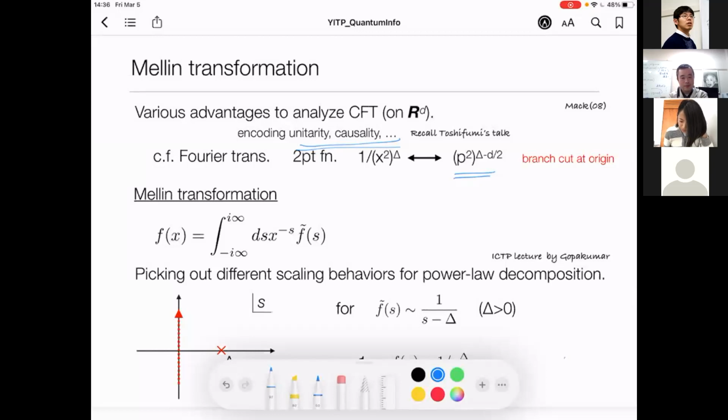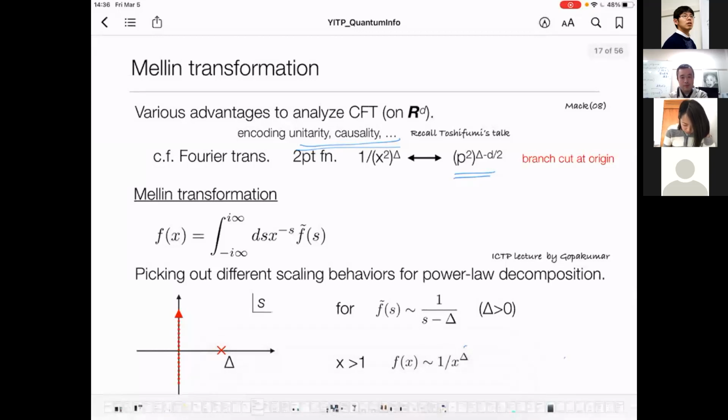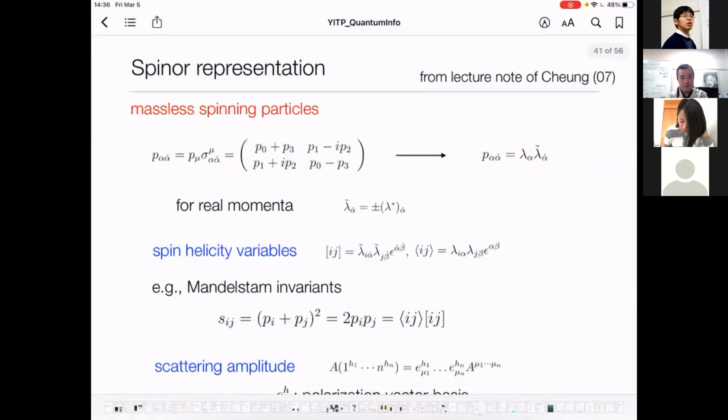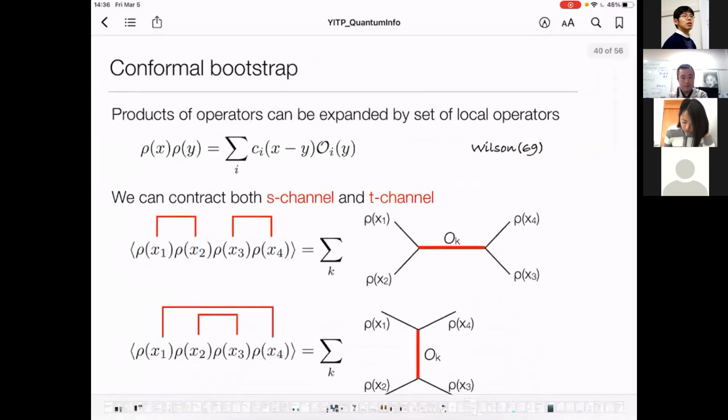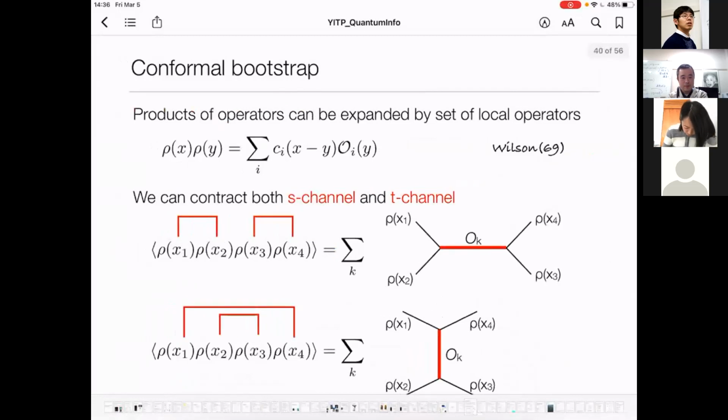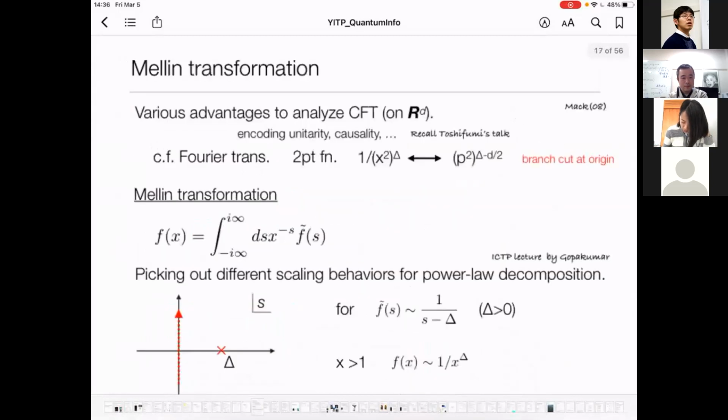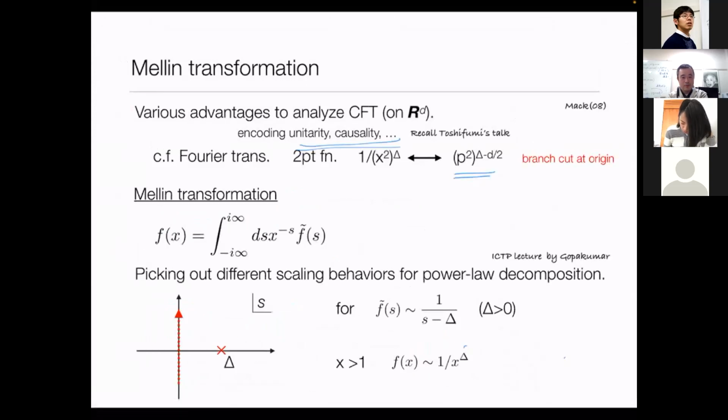So this is the definition of the Mellin transformation. For instance, let's say that the Mellin transform F tilde is given by 1/(s minus delta). Then, taking the residue, let's say we consider x which is larger than 1.